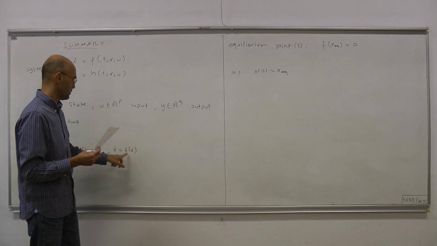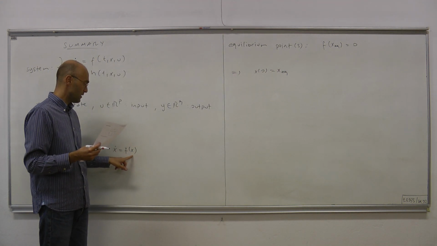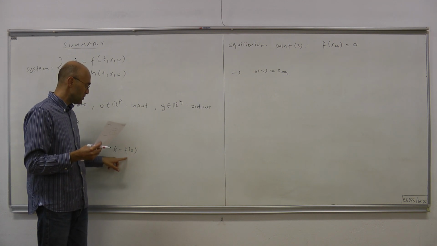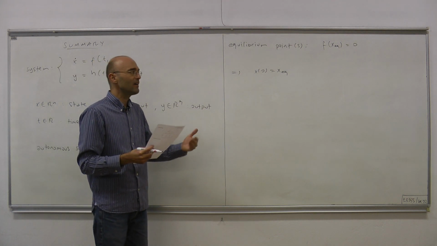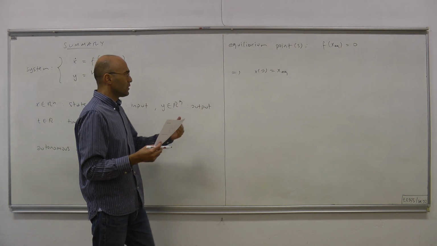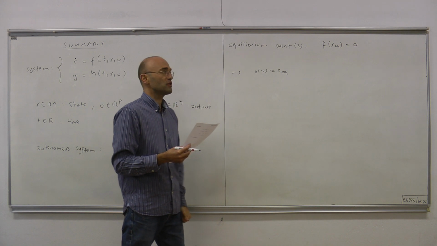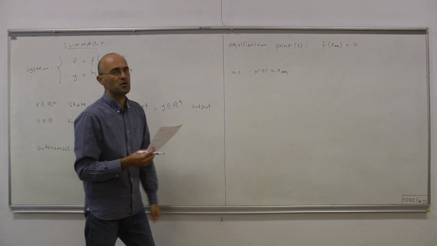Okay? Because plugging xeq into f of x, you obtain 0. So x dot equals 0 means that x is not changing. Okay? And it will not be changing for all future times. It will always be staying at xeq.